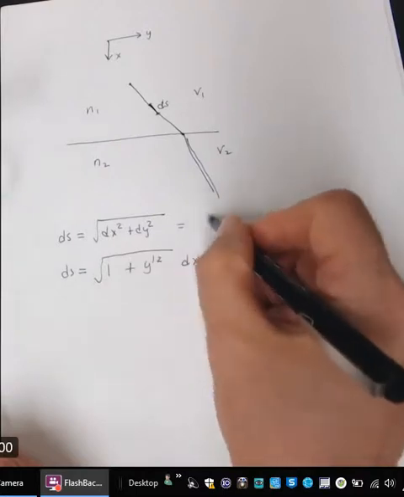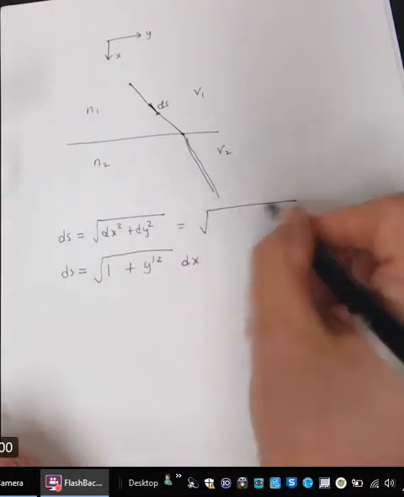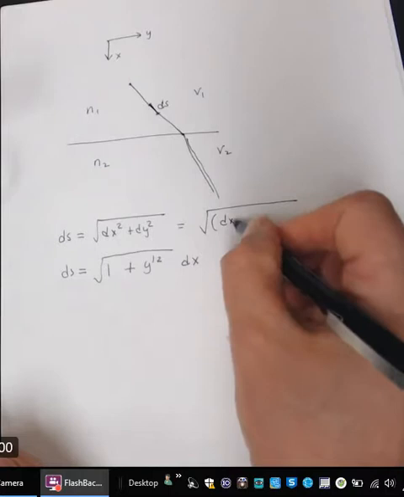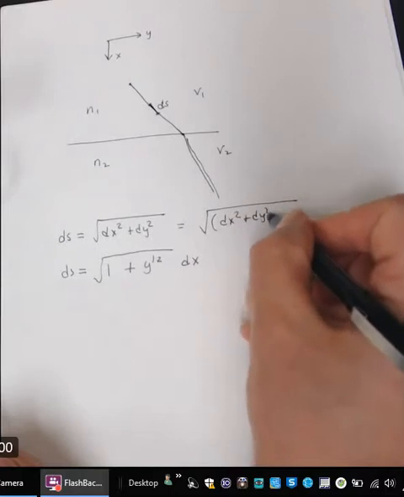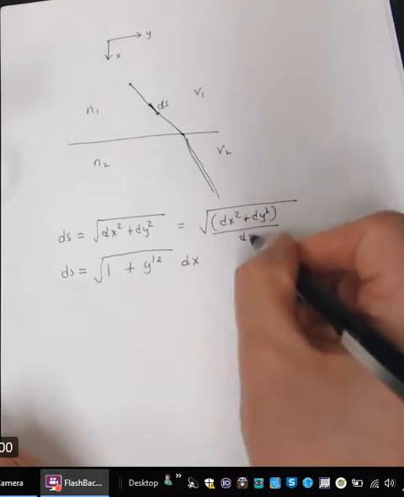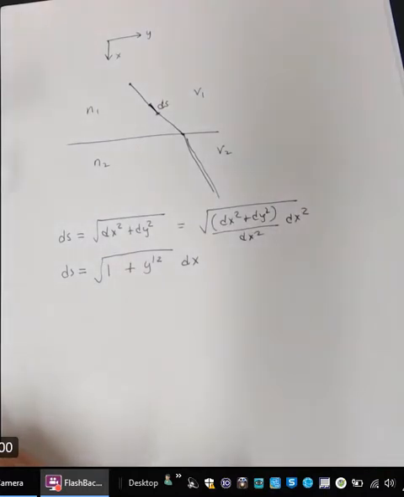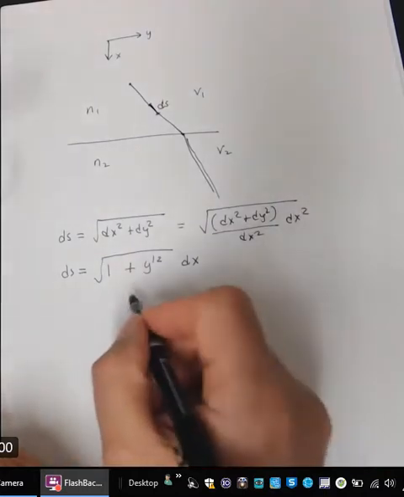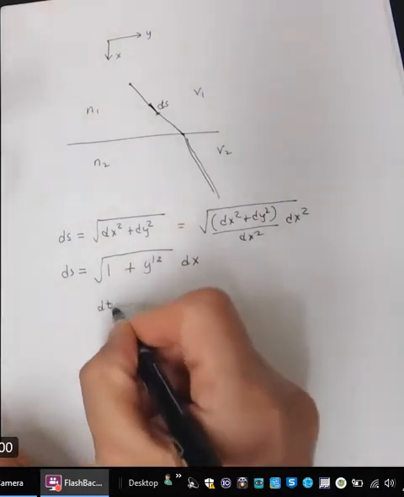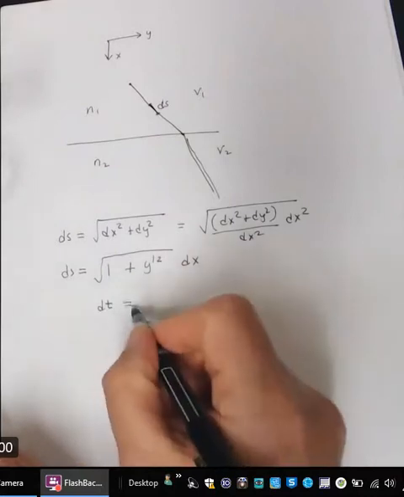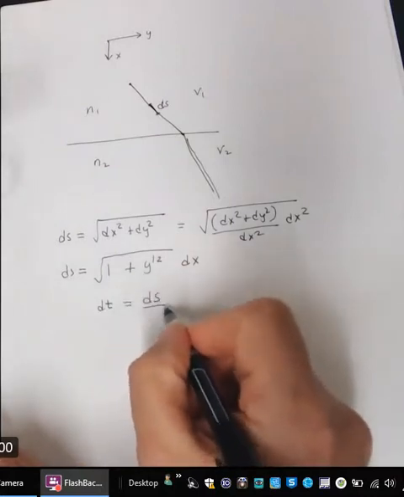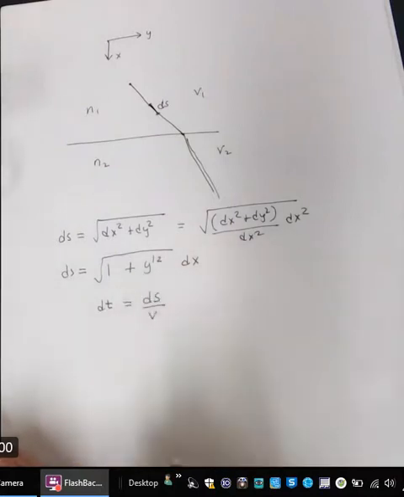So just to remind you, I skipped some steps here, but I divided both sides by dx squared. And the time, dt, is going to be that small distance traveled divided by whatever the velocity is at that point. And that velocity is different for both sides.